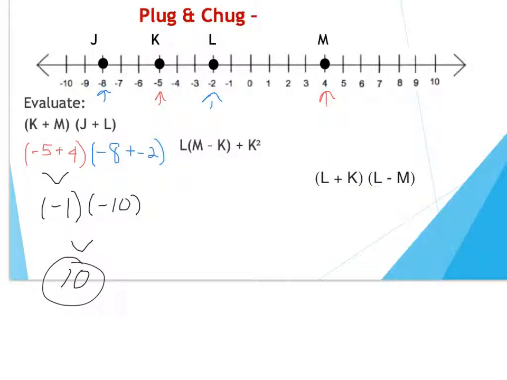Again, when these parentheses are next to each other, they're touching, that means multiplication. Alright, use what we did. Go ahead, plug in your numbers for each of the variables in the next problem and solve on your own.